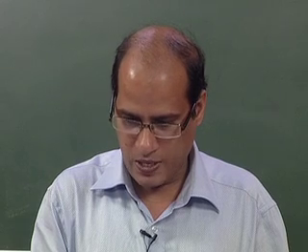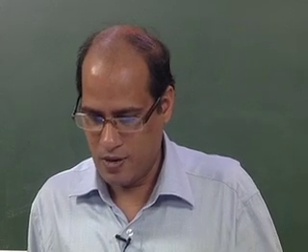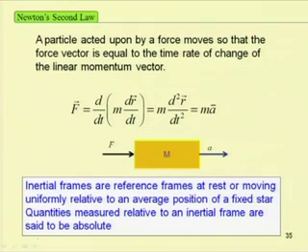So, today in class we are going to study Newton's second law and D'Alembert's principle, and we will apply this to different systems. According to Newton's second law, a particle acted upon by a force moves so that the force vector is equal to the time rate of change of linear momentum vector.